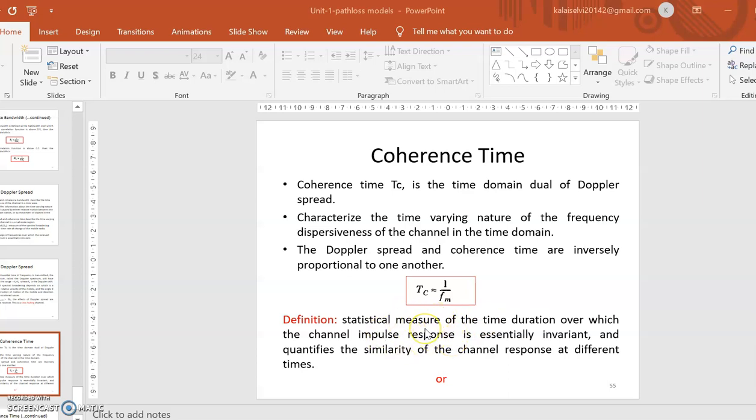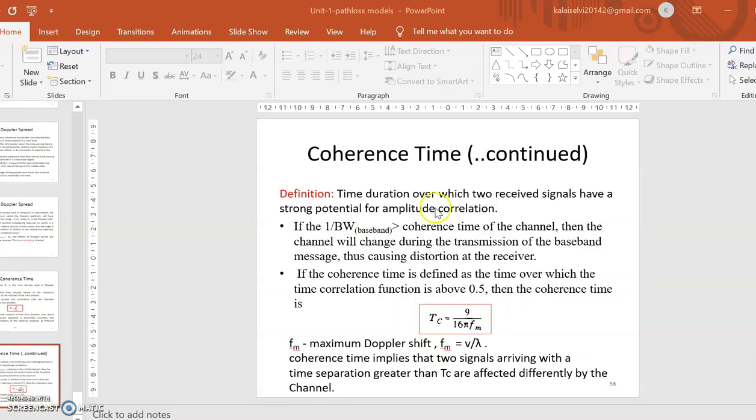That time is called coherence time. It can also be defined as the duration of time over which two received signals will have a good amplitude correlation. That is, the amplitude relationship between the two signals within the particular duration will exist.